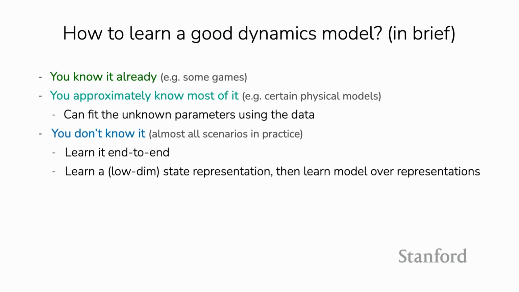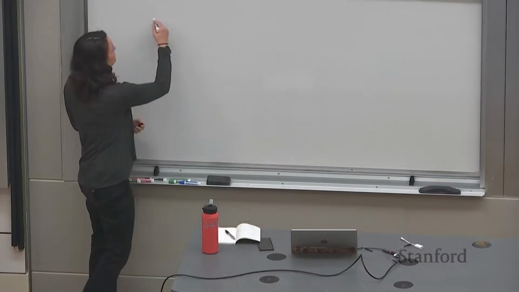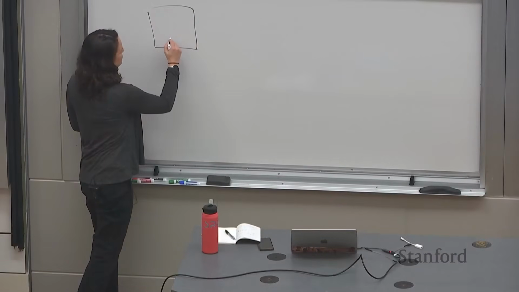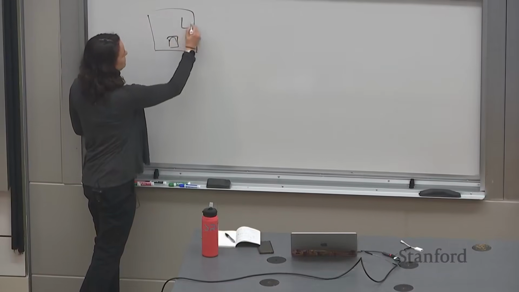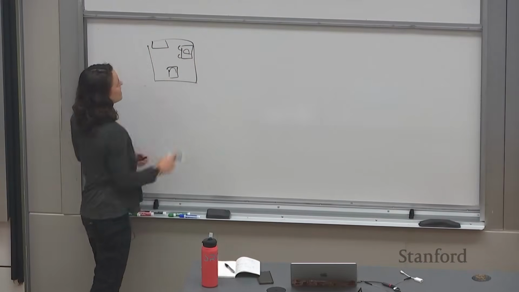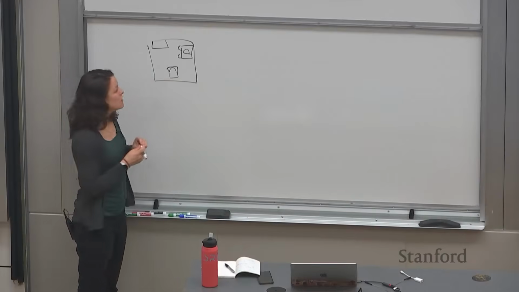Now, there are a couple options here as well. If you are using image observations, for example, and your state space is an image, maybe you have a car and there are other cars here, and you're trying to predict in video where those cars will be moving in the future.